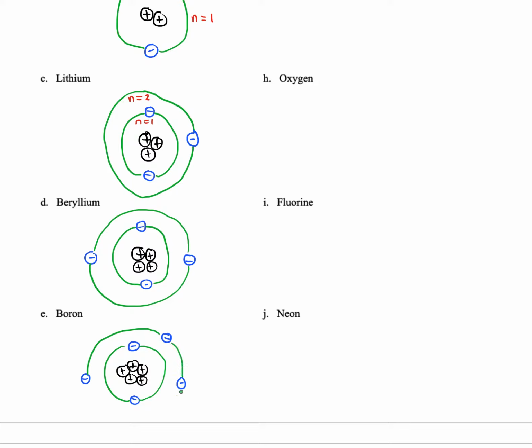So we just have to add one more electron to it. As you can see now, we've got 2 electrons in the inner shell. We've got 3 electrons in the outer shell. And so that's the complete diagram for boron using the Bohr model. Here's n equals 1, n equals 2.